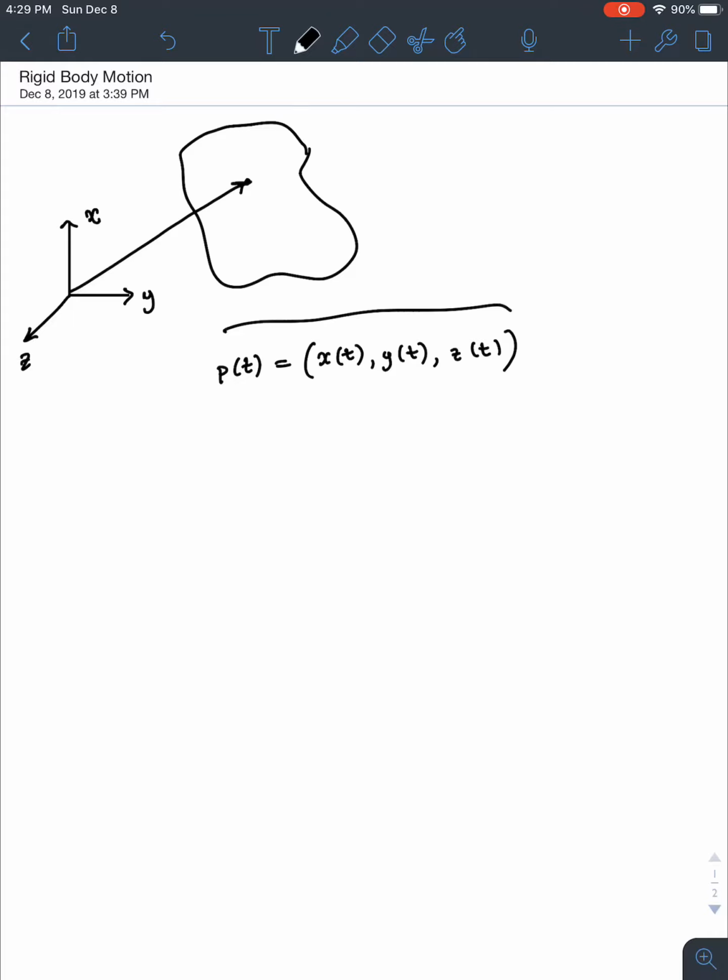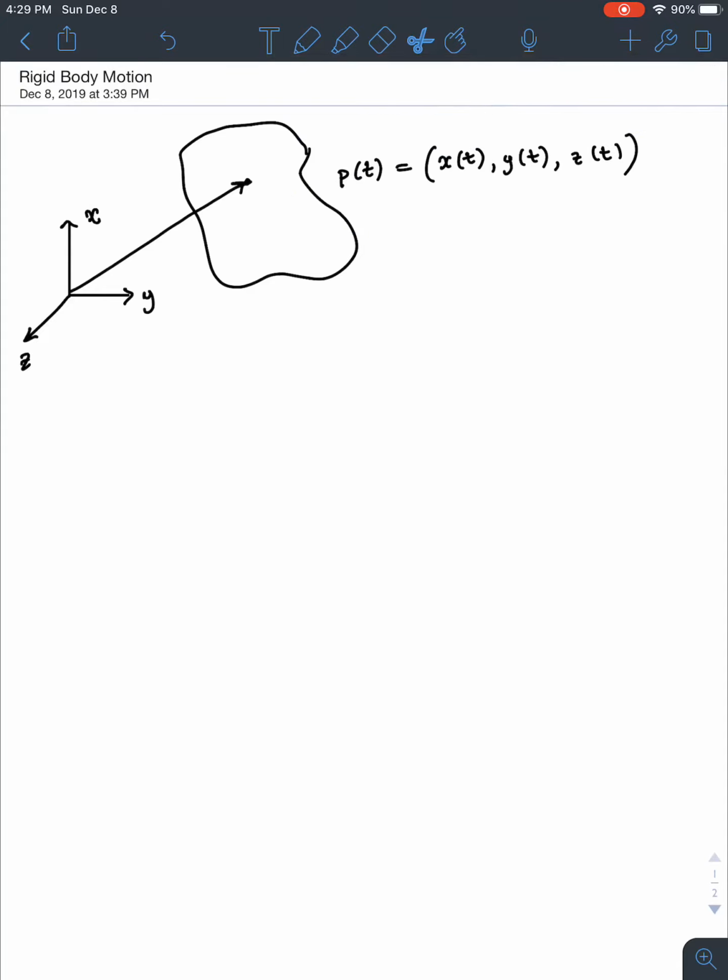How should we extend our definition of P of t such that we keep track of the motion of the rigid body? The starting point for such an analysis is that you pick another point. Let's suppose this point is P. Pick another point on the rigid body, Q.